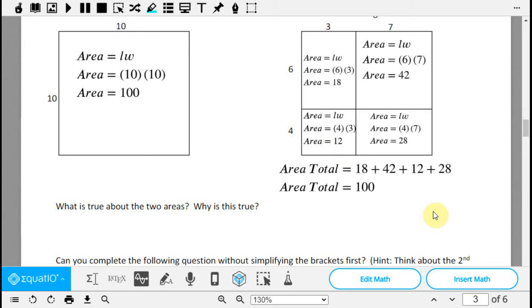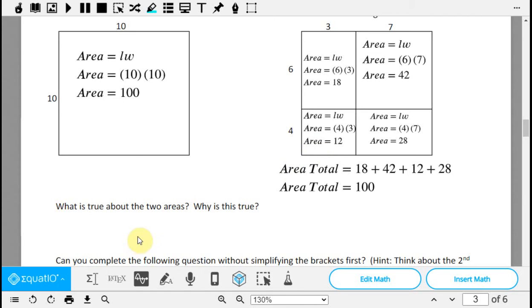And this illustrates a point about the areas in these squares and calculating them. This square is 10 by 10, but this one is actually 10 by 10. 6 plus 4 is 10, and 3 plus 7 is 10. And yet there were two ways that we could calculate that area. We could break it down into components. So here we did 6 times 3 and 6 times 7. Then here we did 4 times 3 and 4 times 7.